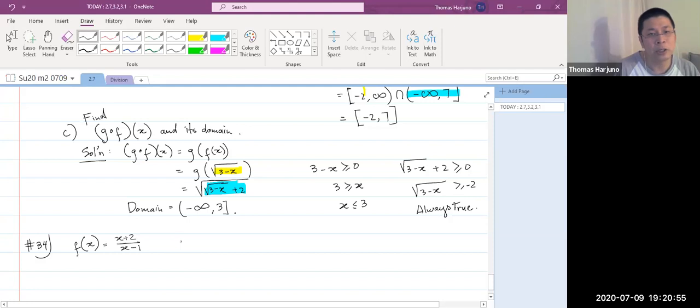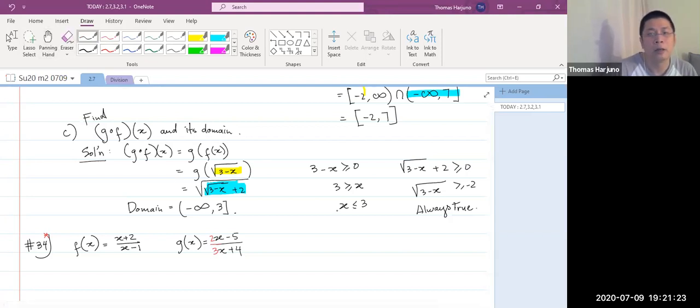And then g(x) is x minus 5 over x plus 4. Let me do a little modification. This could be too easy. So I will put a 2 here and then 3 here. Okay, I do that modification.